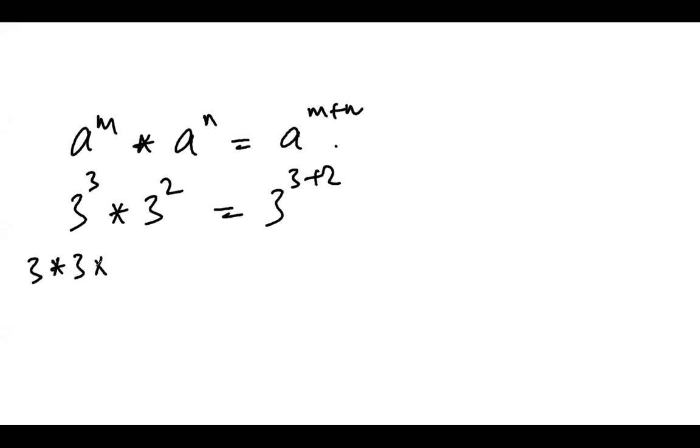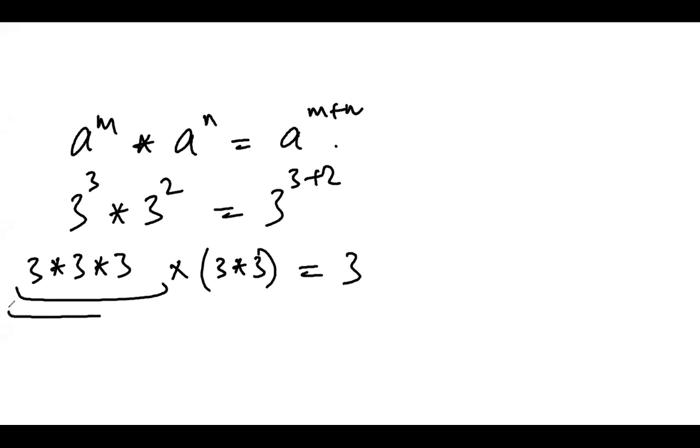So this is 3 multiplied 3 times, multiplied by 3 2 times. Obviously, this should be equal to 3 raised to power 5, the same as mentioned here. So the first formula that we are given is a pretty obvious formula.